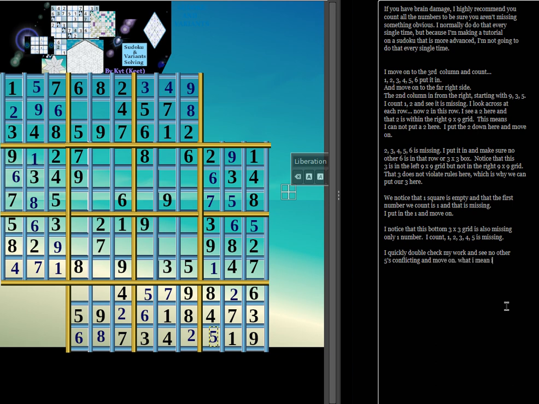What I mean is that I do not see 2 5s in the same row or column or box. Conflicting might be a word some of my viewers do not know.